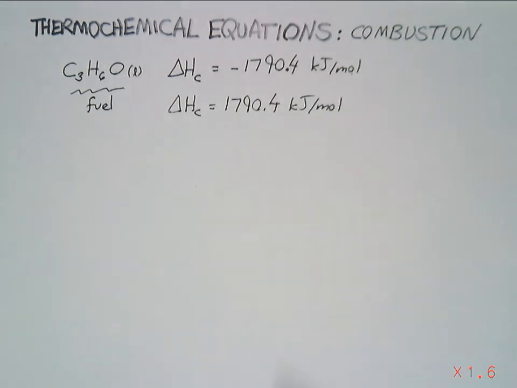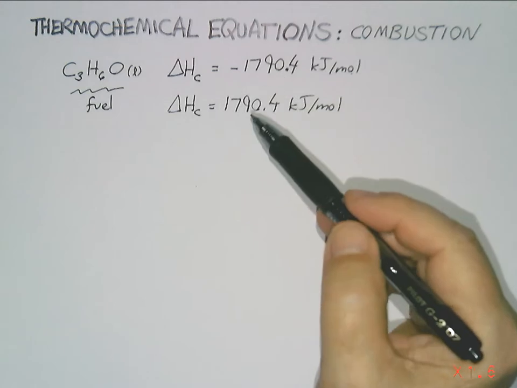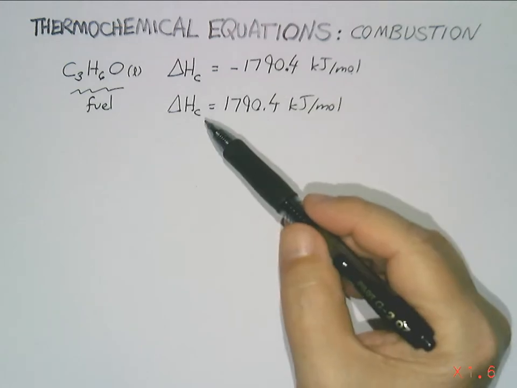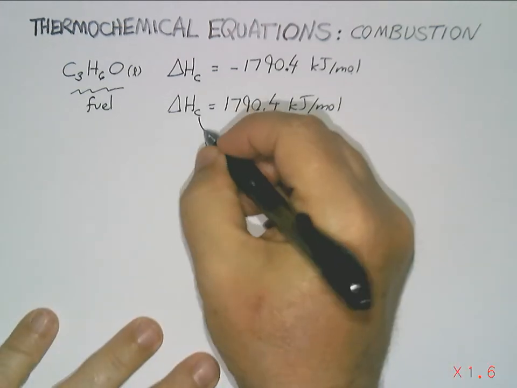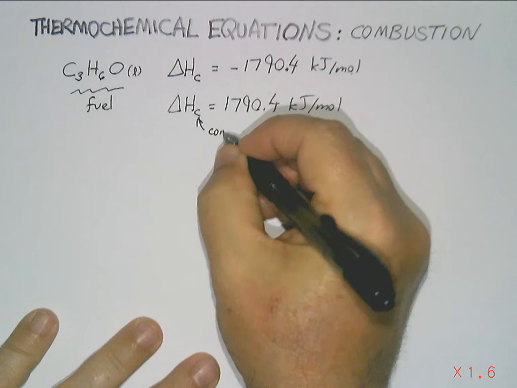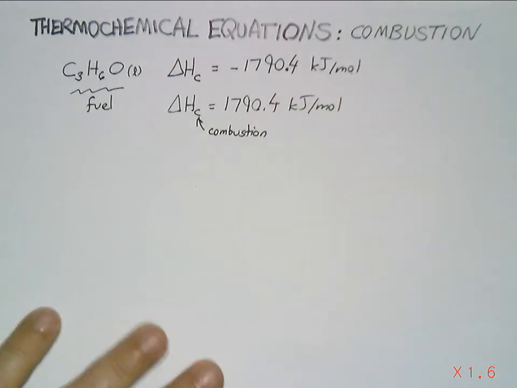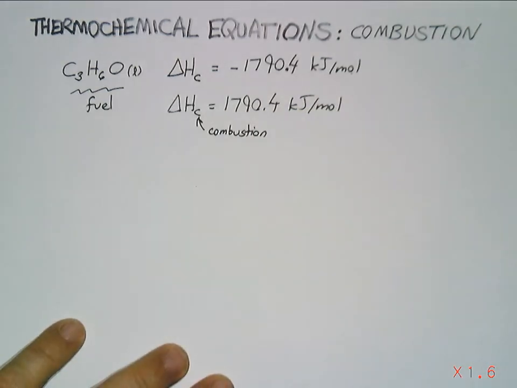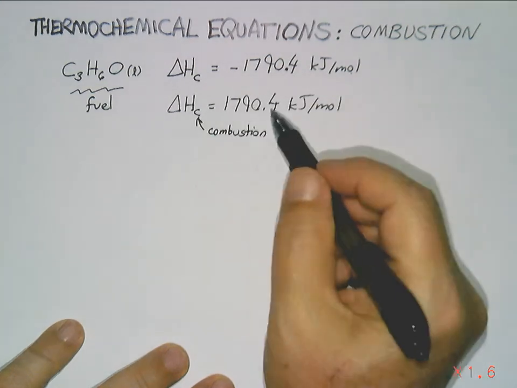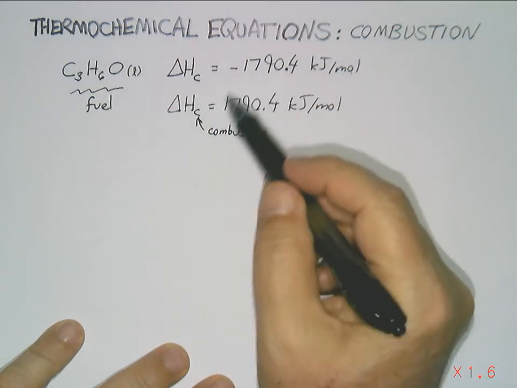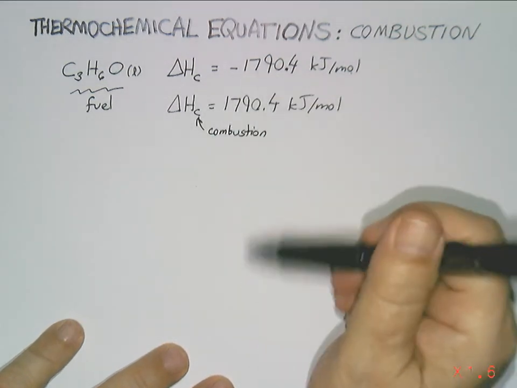Now why would they leave off the minus sign? Because they expect you to know that that little c means combustion, that you're burning it. And if you burn something, that releases heat. There's no such thing as a cold flame. So this cannot be positive. They'll leave the minus sign off though and expect you to put it in.